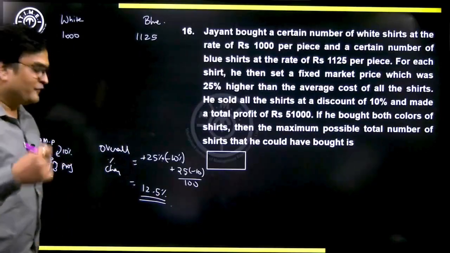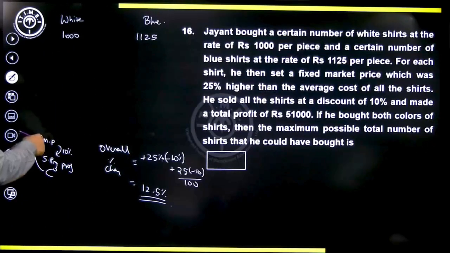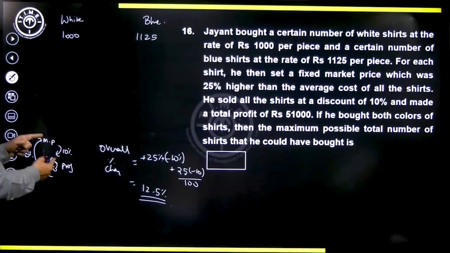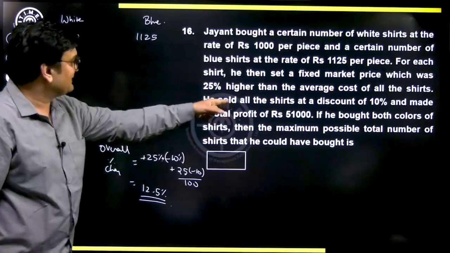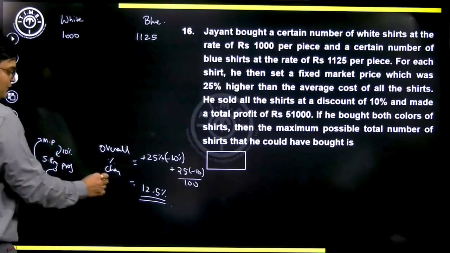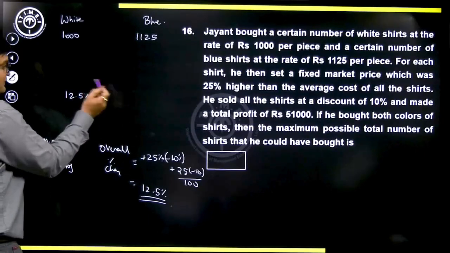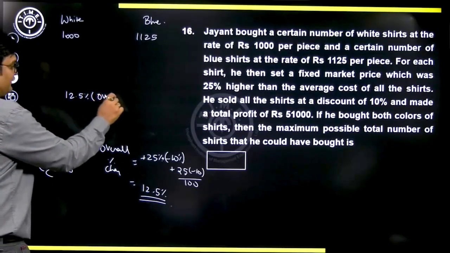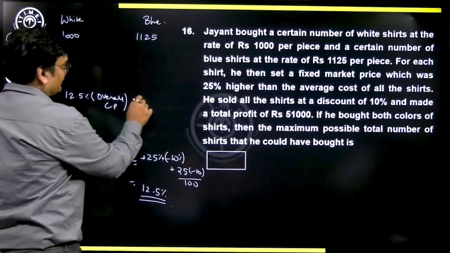So overall, he increased the cost price by 25% and gave 10% discount, and the profit he makes is 12.5%, which is given to be 51,000. So 12.5% of the overall cost price, because profit is always defined on cost price, is equal to the profit.